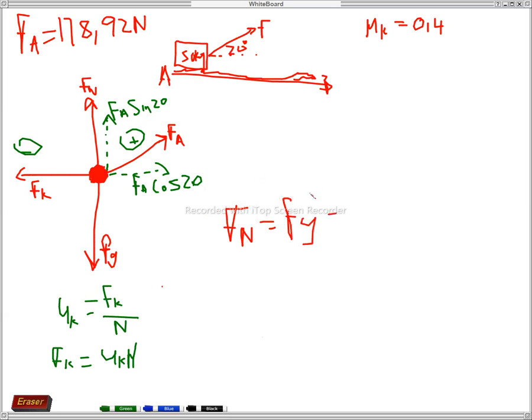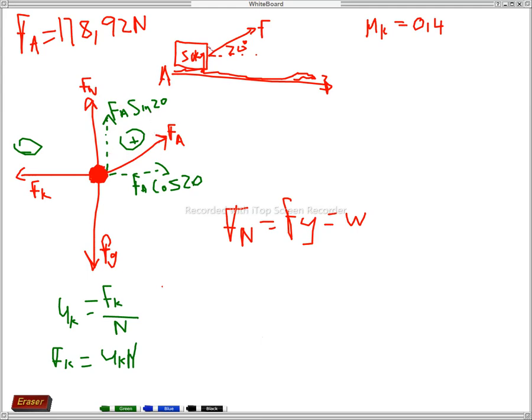And Fg is equal to W. Well, the normal force is not the only force going in the upwards direction; we also have the vertical component of the force applied there.